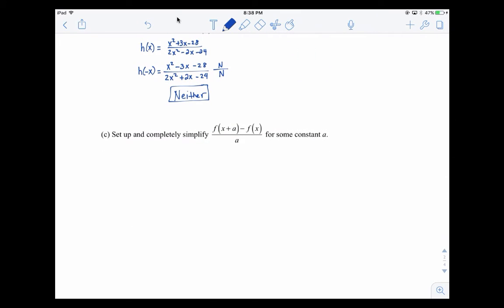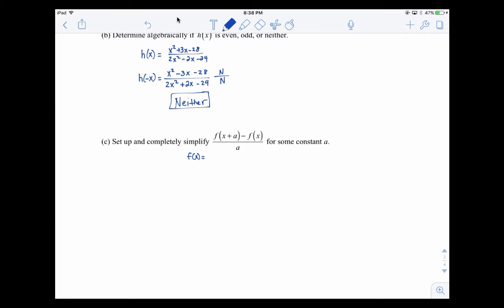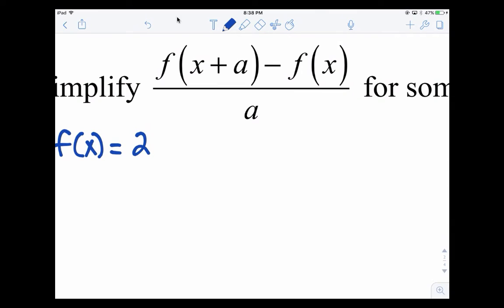Okay, now the last one says set up and simplify f of x plus a minus f of x, divided by a, for some constant a. Again, this is using your difference quotient. f of x equals 2x squared minus 2x minus 24.